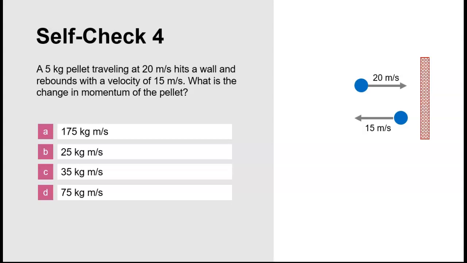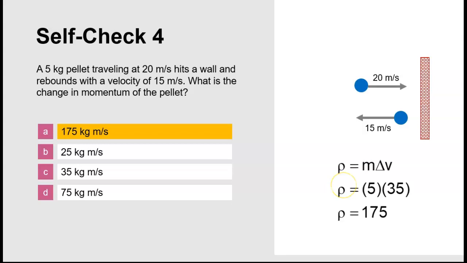So what's the change in velocity in this story? It's not 5. No, the change in velocity is 35. 20 to 0, 0 to 15, 35. In short, when something is rebounding, straight in, straight back, you end up having to add the velocities to get the change in velocity.